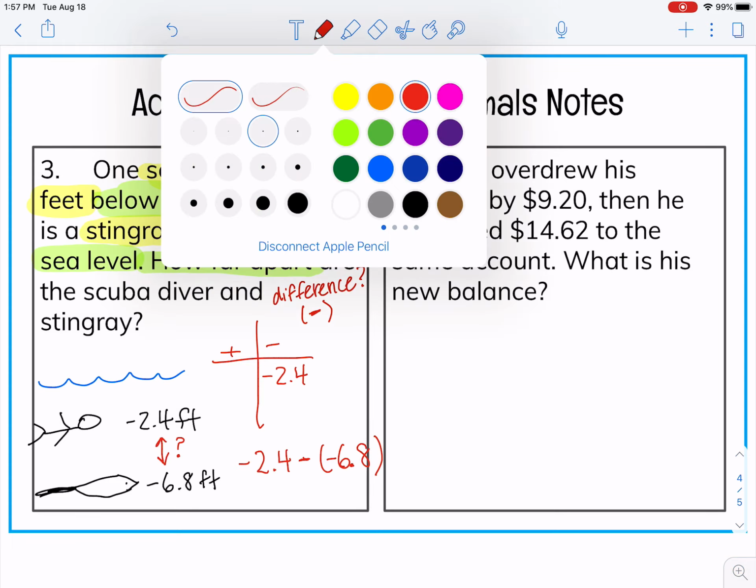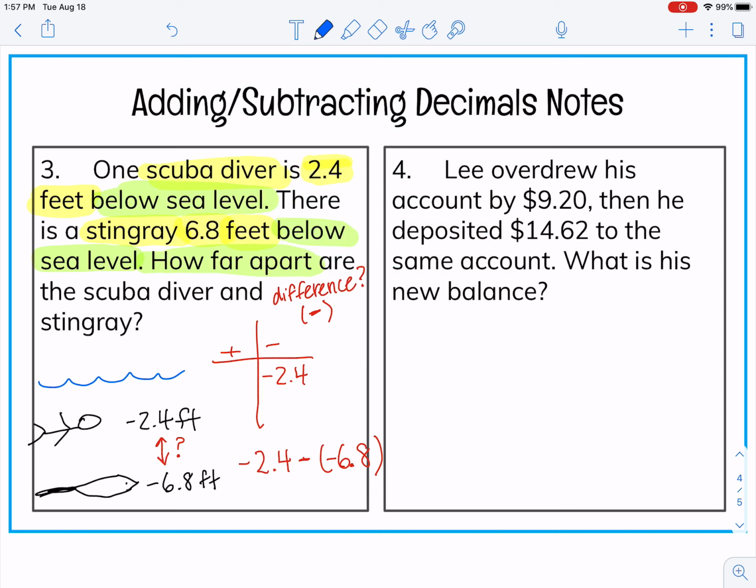This can be a little tricky, but if you see how it's set up, you can tell that it kind of looks like a plus sign. You can use this little tip for when you see a minus negative with parentheses. If you don't have that minus negative, you can also say that a minus and a minus becomes a positive, telling you that minus negative can become a plus sign.